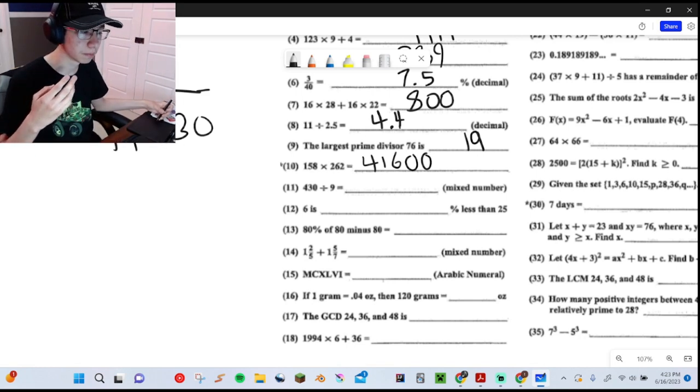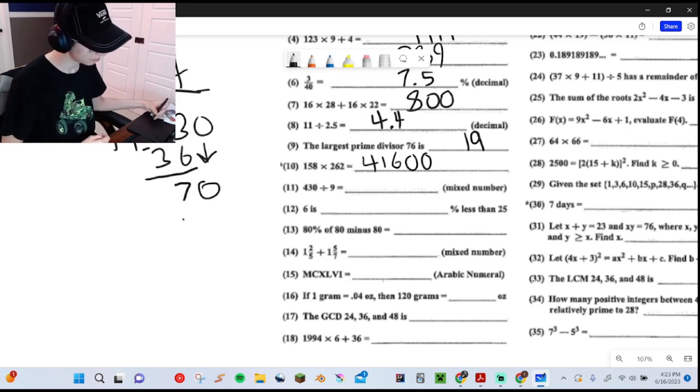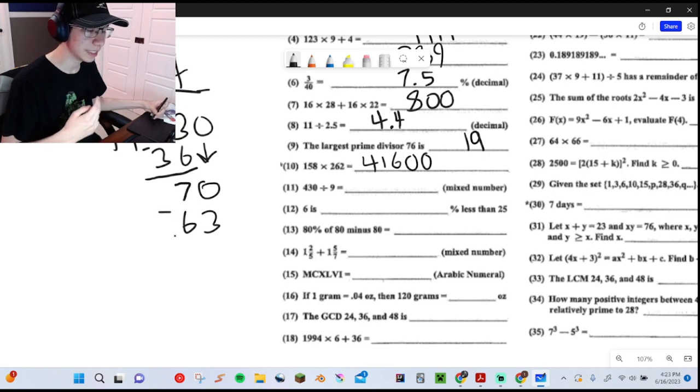It goes in 4 times. So I've got to subtract 36, which is 9 times 4, from the 43. Leaves me with 7. Then I drop down the 0. And it's just like elementary. And then 9 goes into 70 7 times. So I subtract 7 times 9, 63.